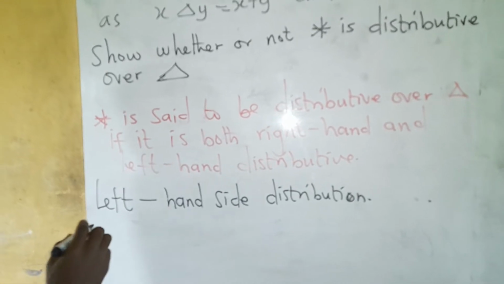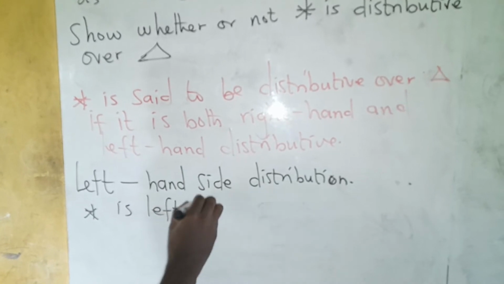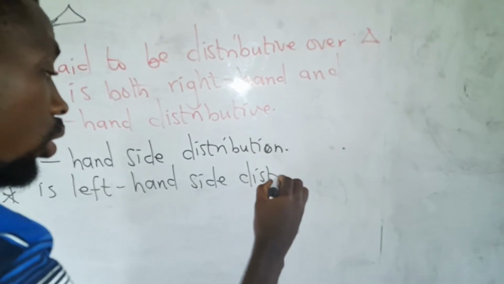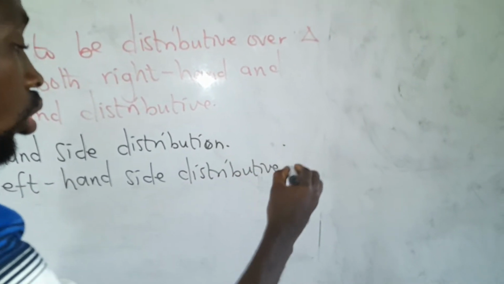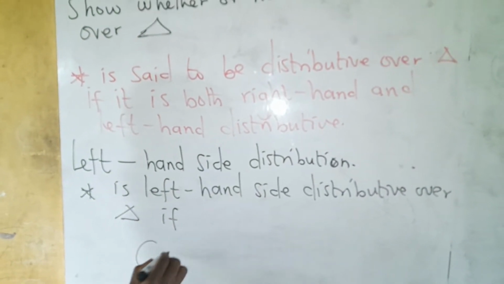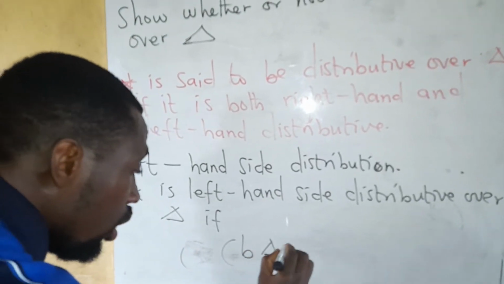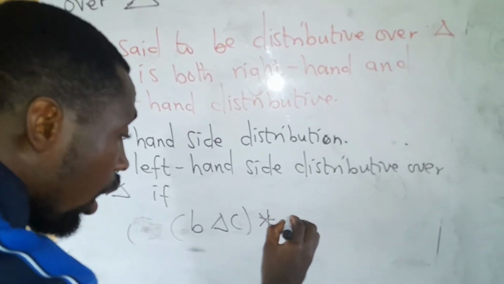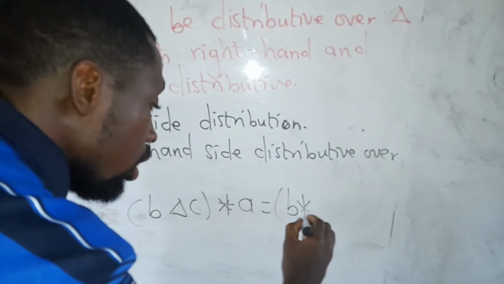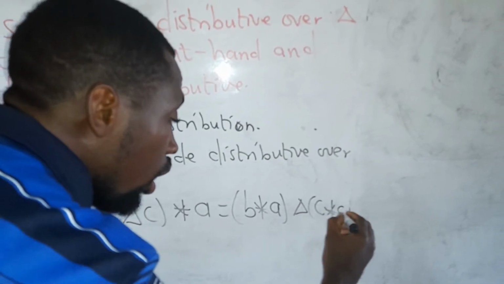So we say star is left hand side distributive over delta if (B delta C) star A is the same as (B star A) delta (C star A).